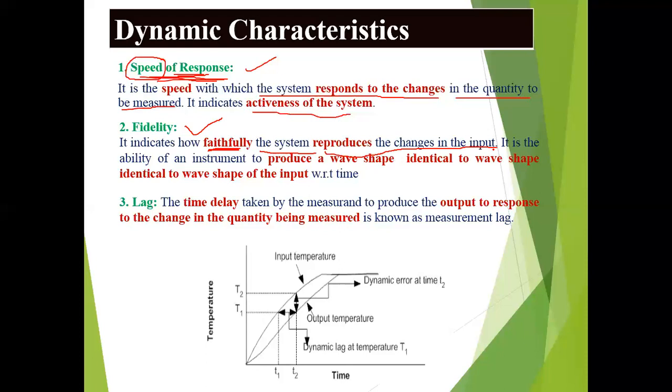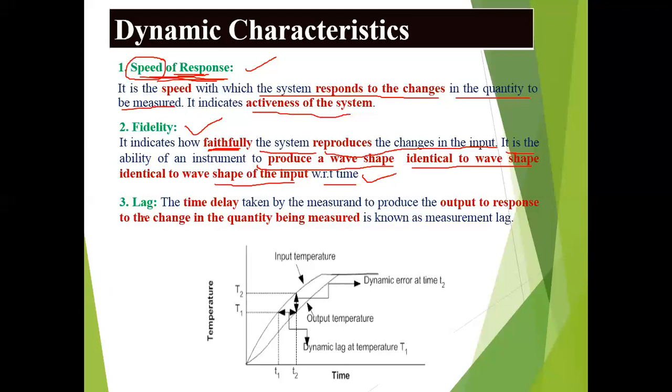If we don't get the output corresponding to the changes in input, that is not a reliable instrument. So it is the ability of an instrument to produce a wave shape identical to the wave shape of input with respect to time. This is called fidelity.